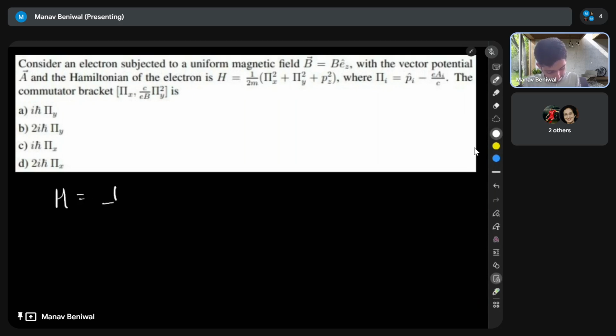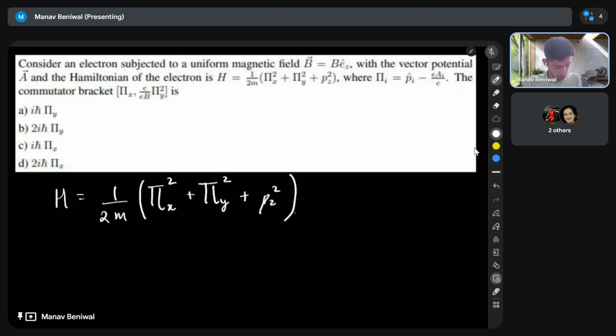So we are given a Hamiltonian, and for x we have, let's write this pi x squared plus pi y squared plus pz squared, where this pi I is pi minus e by c ai.